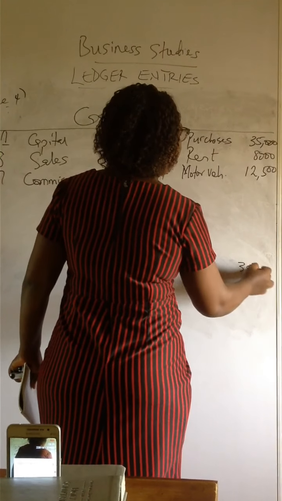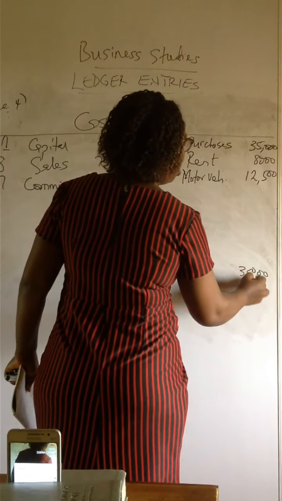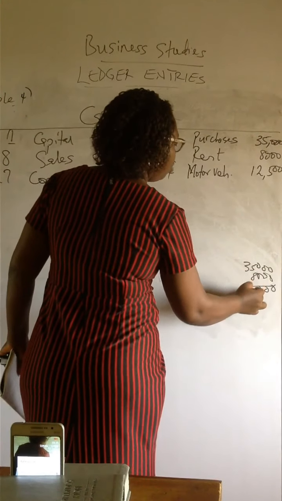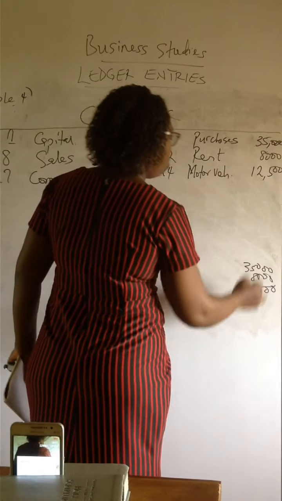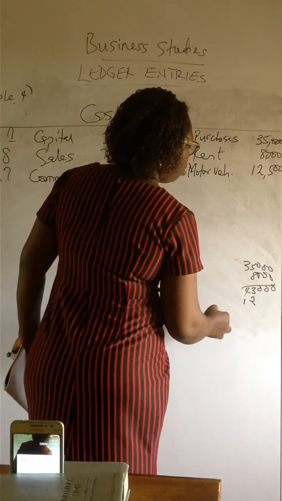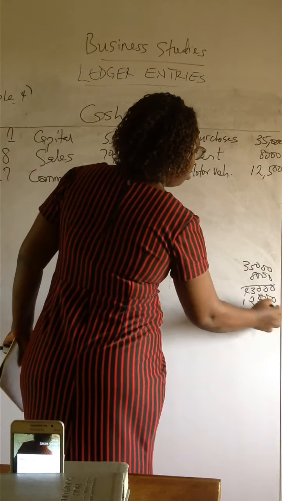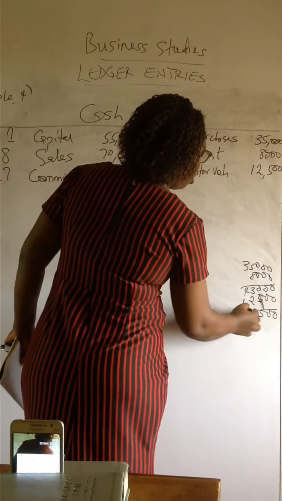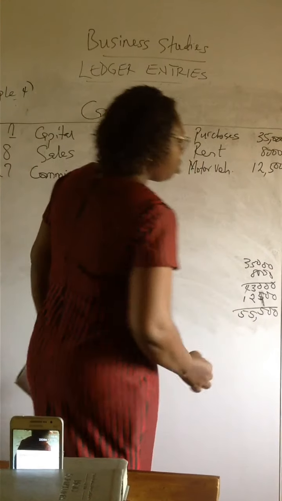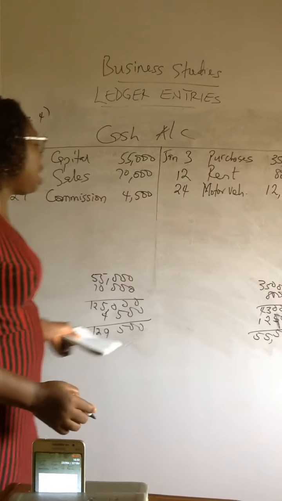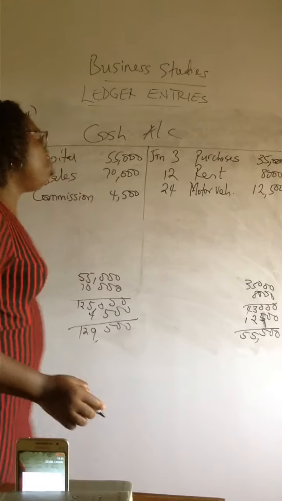Now we'll add this side too. You have 35,000 plus 8,000. This will give you 43,000 plus 12,500. This will give you 55,500. So from the addition, you discover that the debit side is higher than the credit side. So what do you do next?